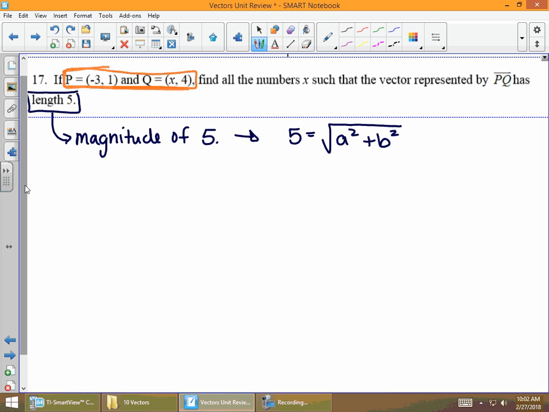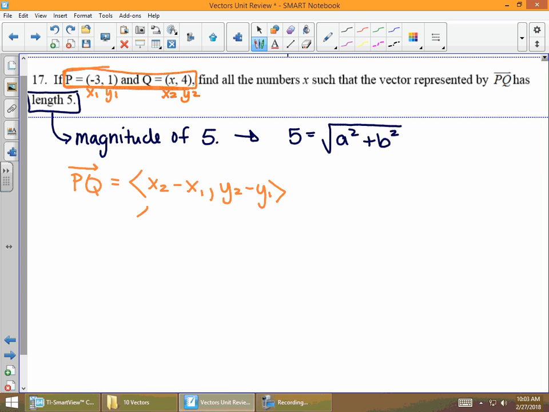So when we start with points, we get to our vector like this: X2 minus X1, Y2 minus Y1.